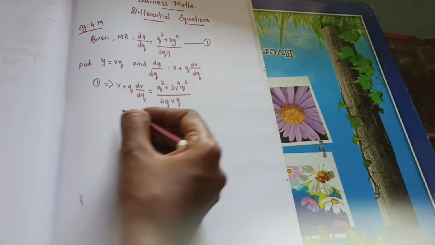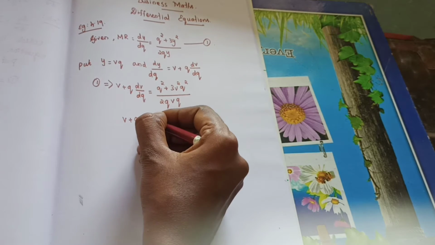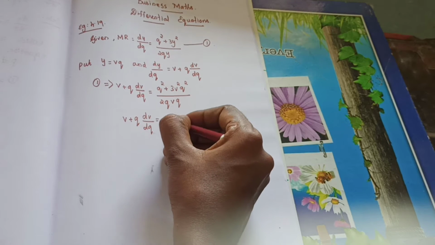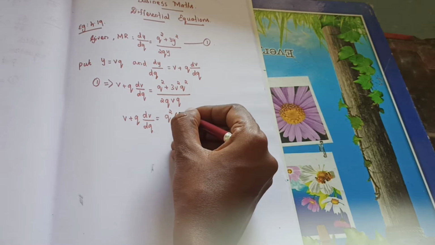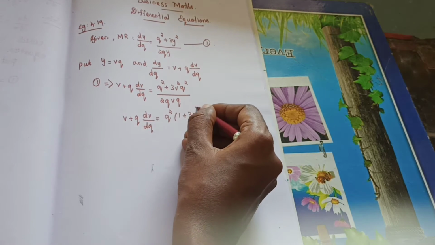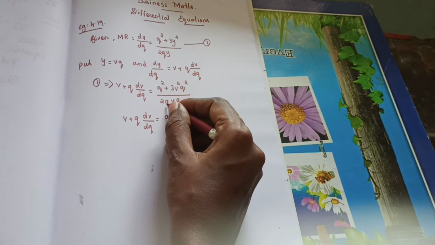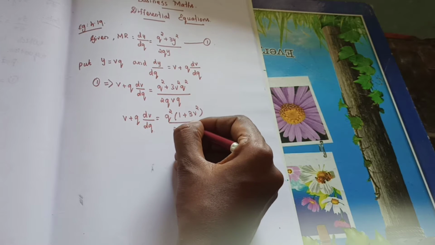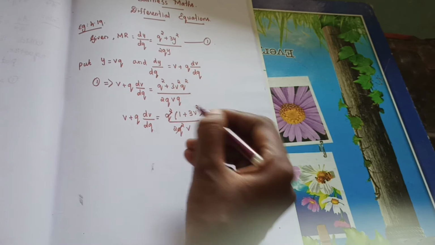That is, v plus q into dv by dq equal to q square. You can take common: 1 plus 3v square in the numerator, and the denominator q into q square is there, so 2q square v. This will get cancelled.